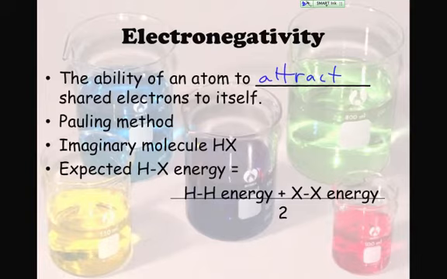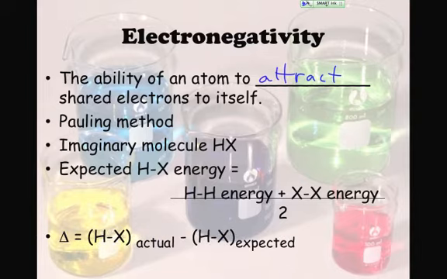We take the average of the hydrogen energy and the X energy, and then divide by 2. That's the expected energy. But then after you measure the actual HX, you can see the difference between what it was calculated to be and what it really was in the experiment.